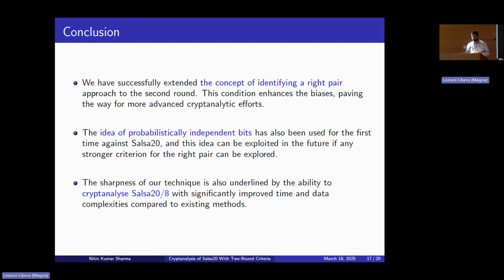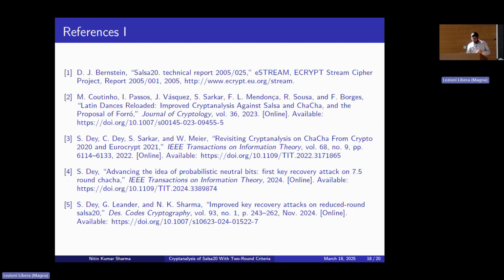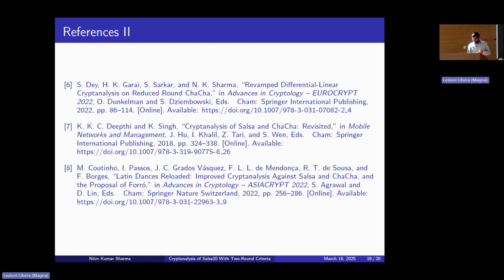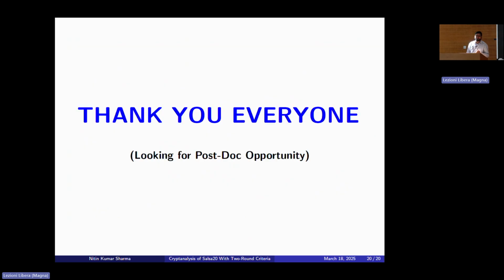So we have done that also, and we have done a solid work on SALSA 8 round of 256-bit version, and you can see the improvement. And with these ideas, we are the first one to give an attack on 8.5 round. So these are the references that I've used during this work. Thank you, everyone.